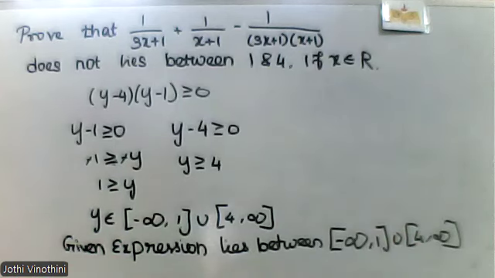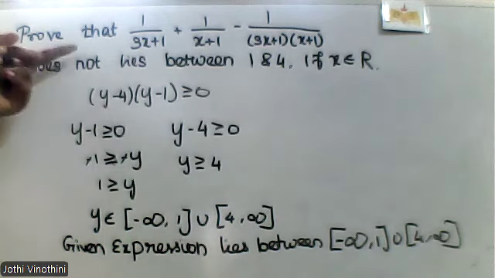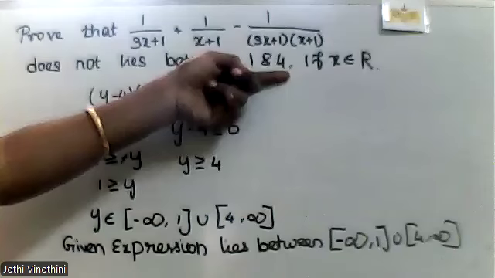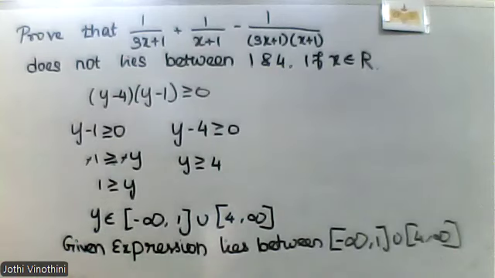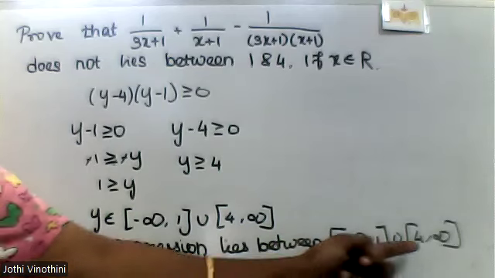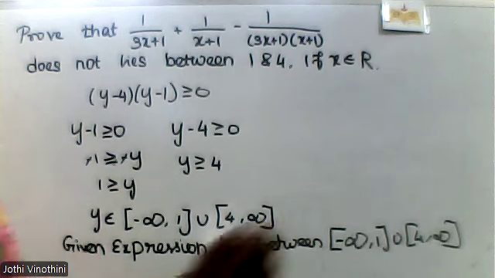So what do we have to do? We have to prove the expression does not lie between 1 and 4. Here we see the expression lies between minus infinity and 1 and 4 to infinity. So it does not lie between 1 and 4.